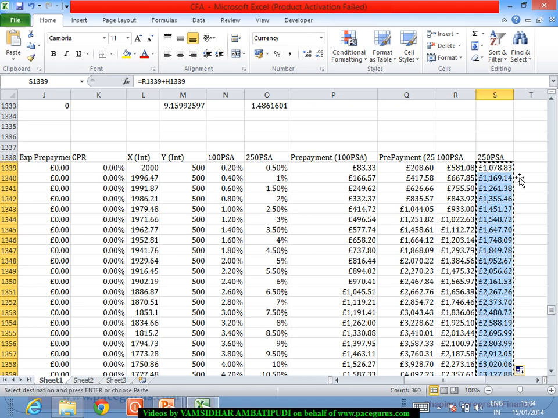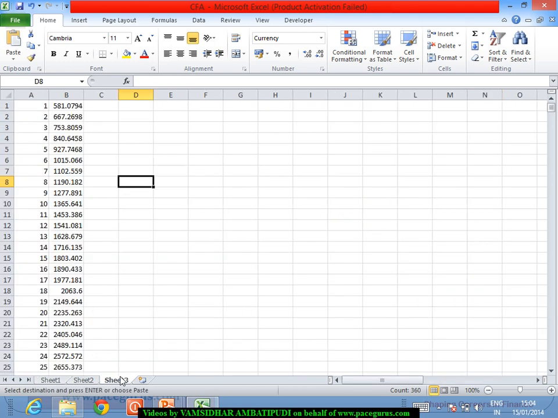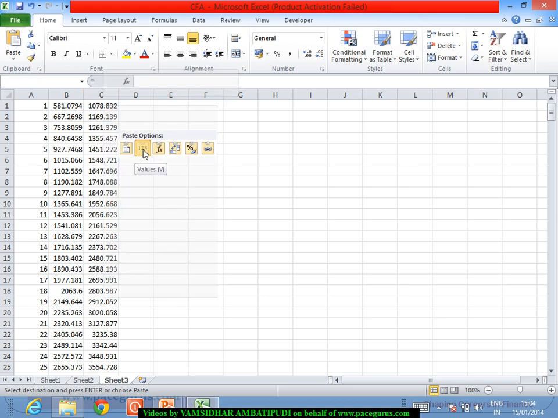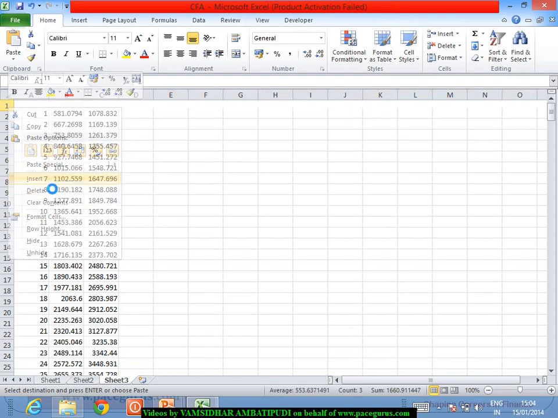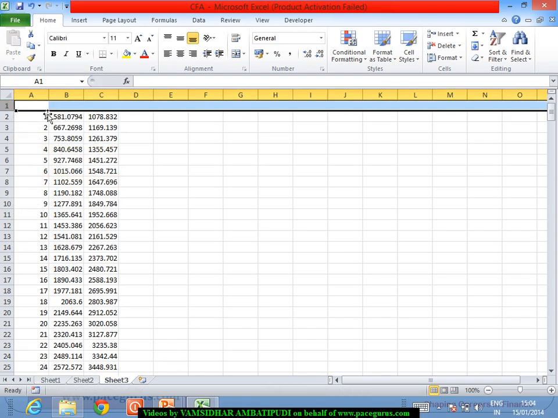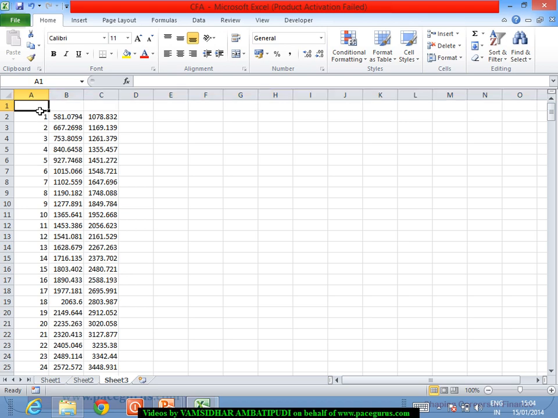So when I take these numbers again, carry them to a new sheet, these are my numbers. Now what I would like to do is start plotting a small graph by taking month, 100 PSA here and 250 PSA here.